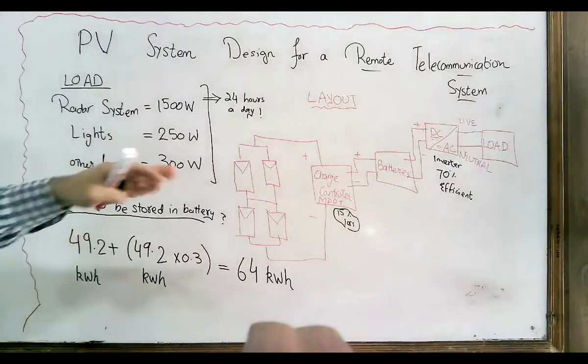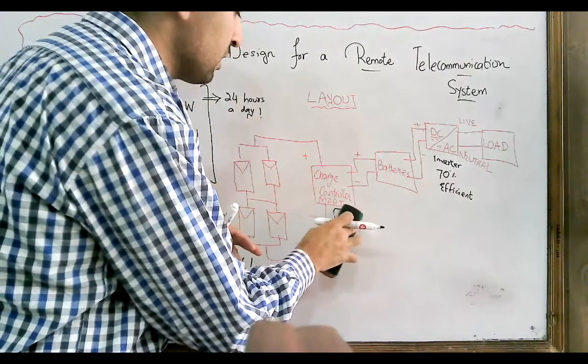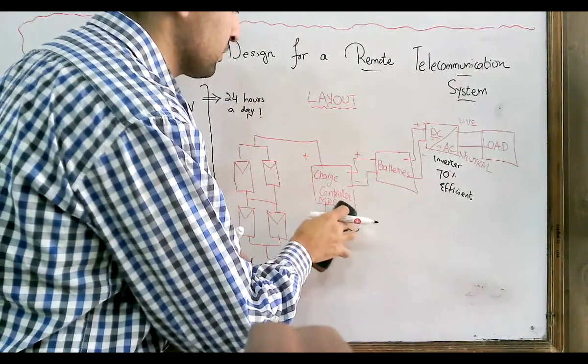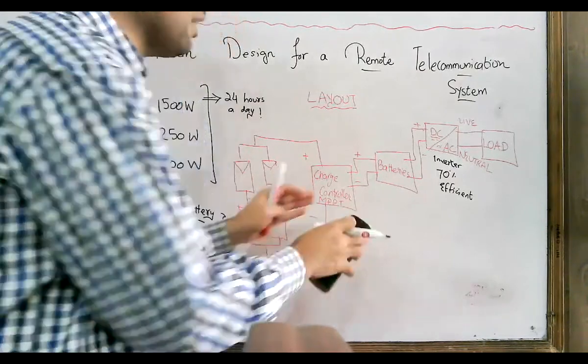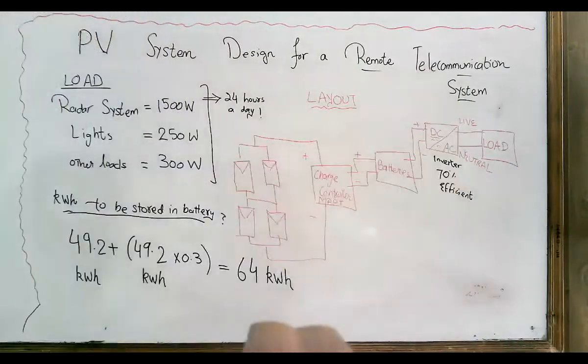So we can safely ignore the charge controller's power loss, because we have already compensated for it in the form of inverter loss.